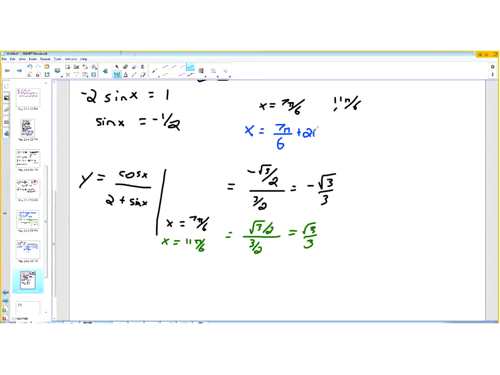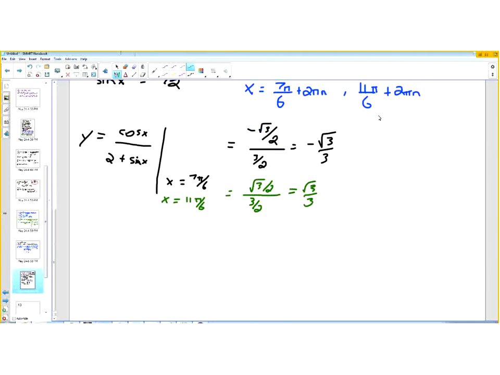So for every 2n pi, n being an integer, these would be the values of x where sine x is equal to -1/2. Also at periodic values of 11 pi over 6, by periodicity. So we have an infinite number of abscissas where sine x is equal to -1/2.